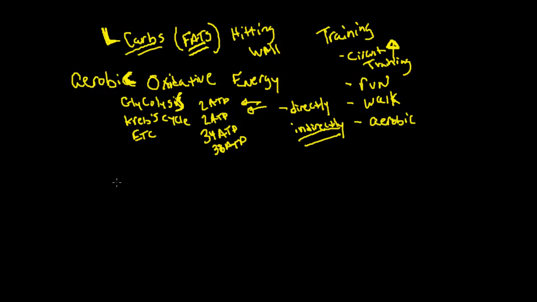So a lot of times when you're talking about the aerobic system, it's important to understand aerobic capacity. And again, this is an area I'm going to make a separate video on, so I'm just going to kind of touch on the subject. With aerobic capacity, we have the heart, lungs, and blood vessels.